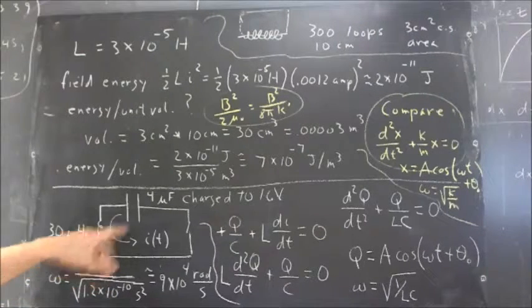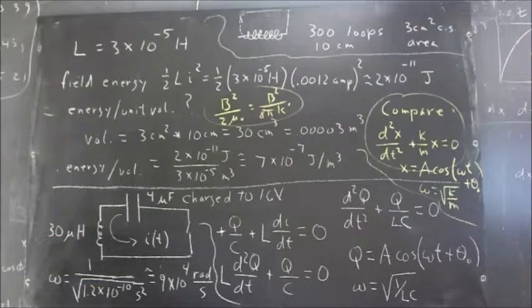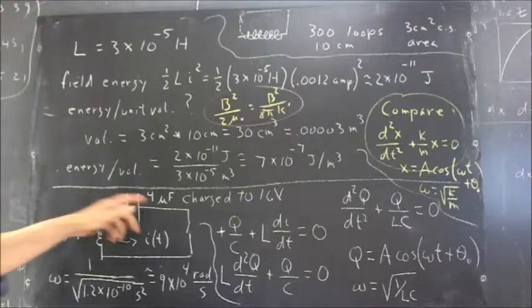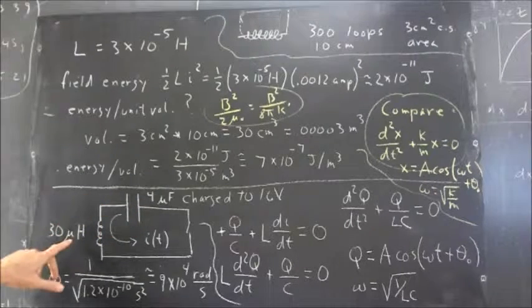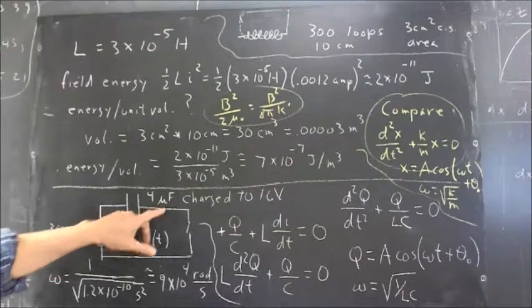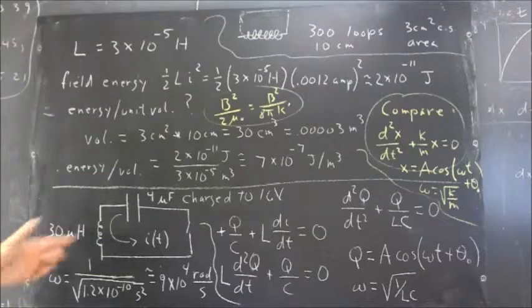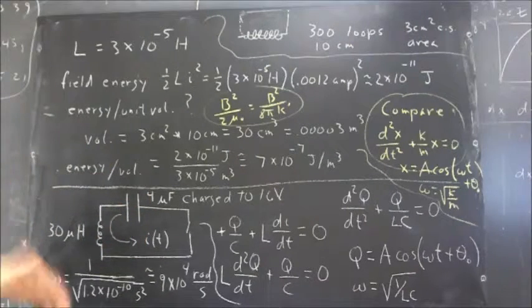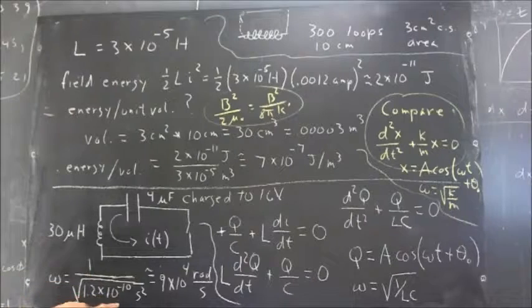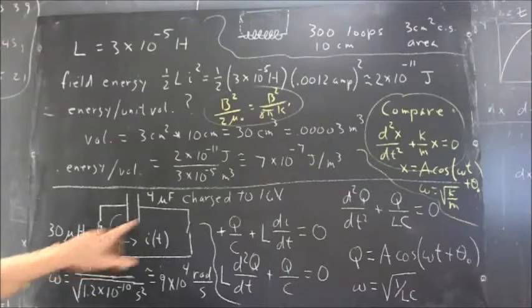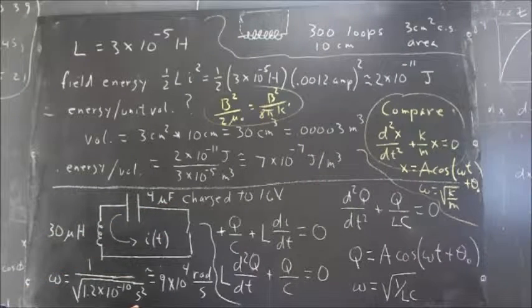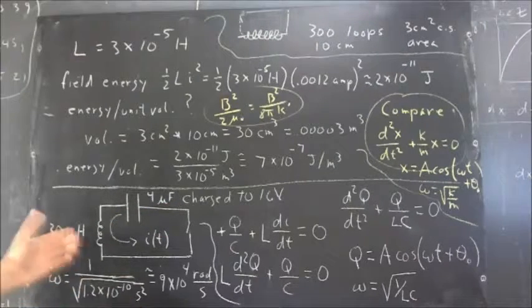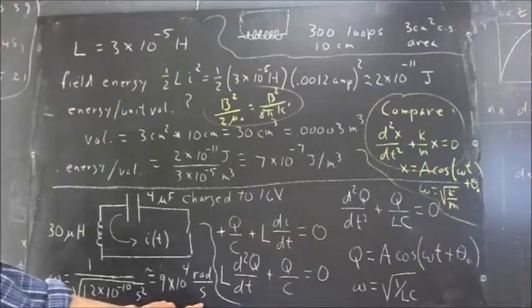LC multiplies out to 4 times 30 micros squared, which is going to be 120 times 10 to the negative 12th, or 1.2 times 10 to the negative 10th. You can check the units. The units of henries times farads are seconds squared, so that what we get is reciprocal seconds.